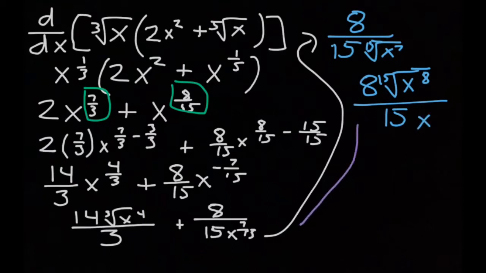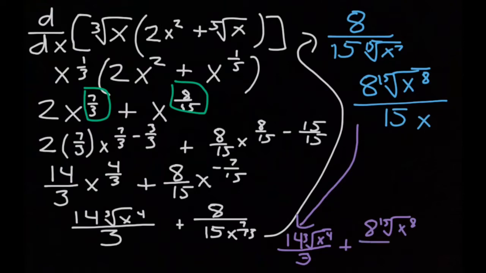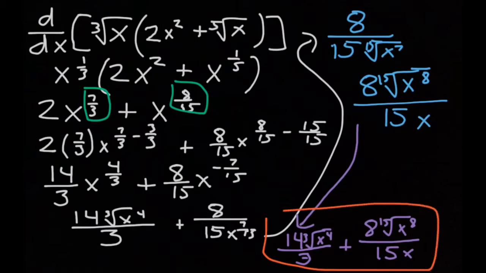So our final answer is 14 times the third root of x to the fourth over 3 plus 8 times the 15th root of x to the 8 over 15x. And that is our final answer.